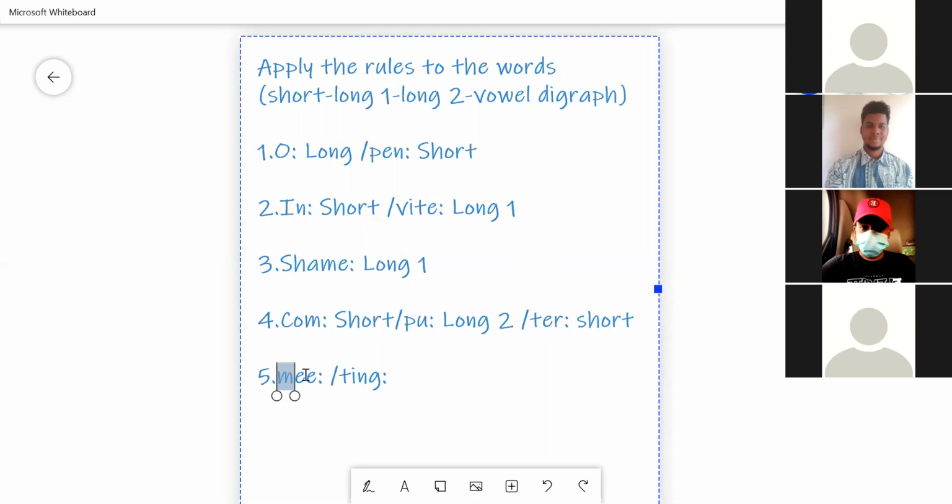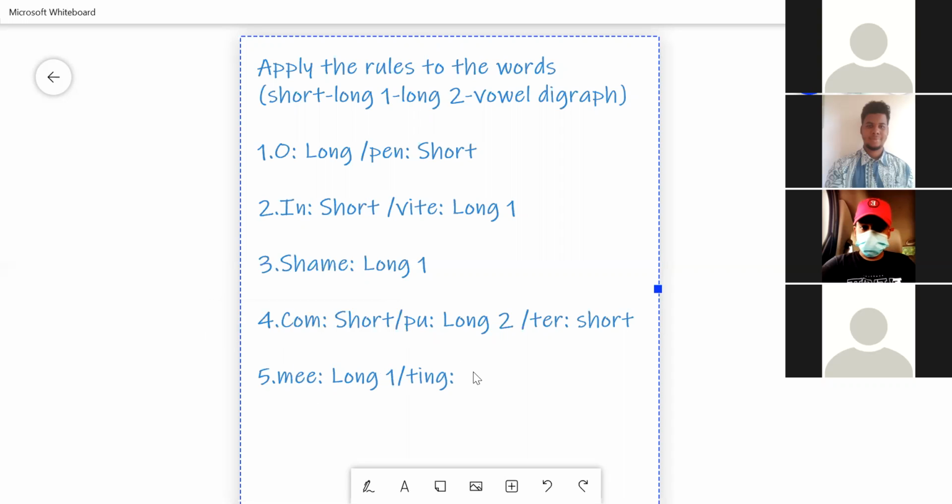But this one sounds "me", and there is a rule that says that when you have 2 vowels together, the first one has the long sound and the second one has no sound. And we say me. So that's the long sound. Basically, that is the long vowel rule number 1.